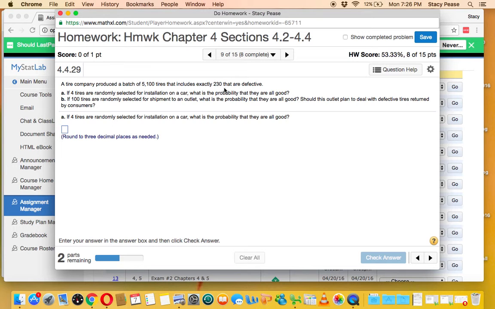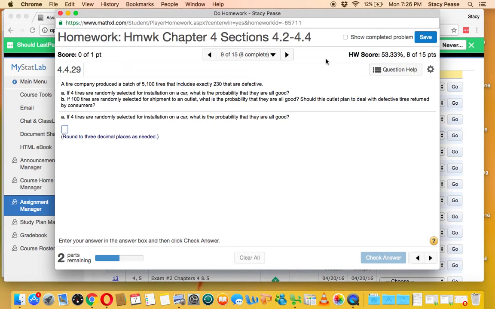Okay, so now that I have my probability of them being good and my probability of them being bad for any one tire, now we want to figure out the probability that if 4 tires are randomly selected, they're all good. So we've already figured out that the probability of any one tire being good is 0.955.